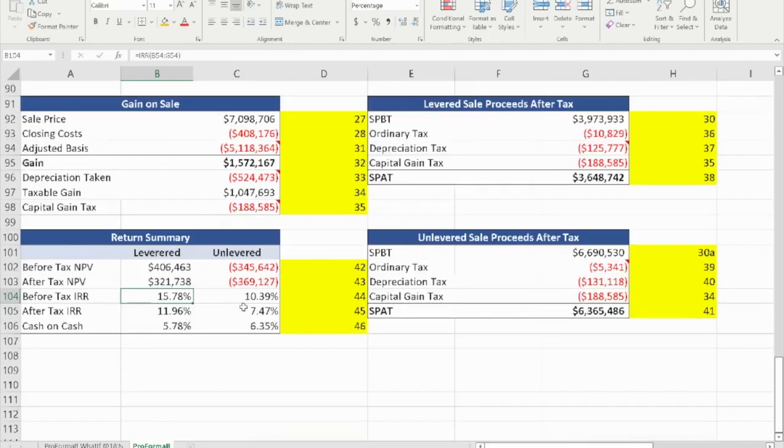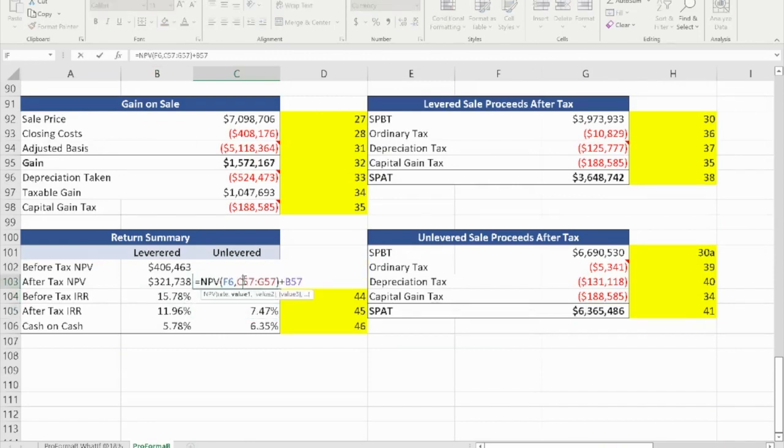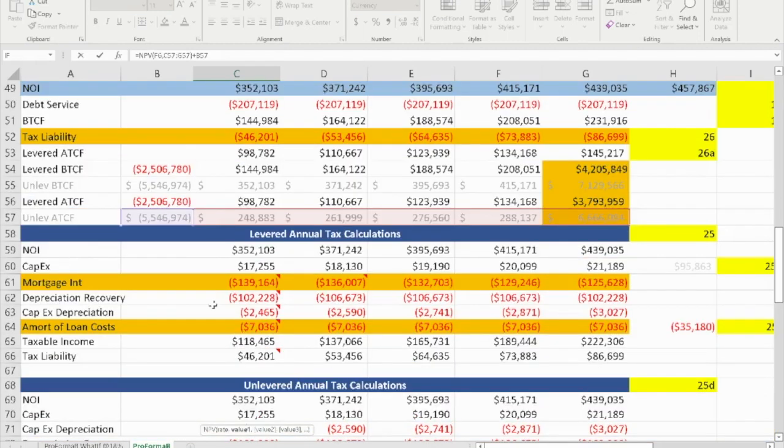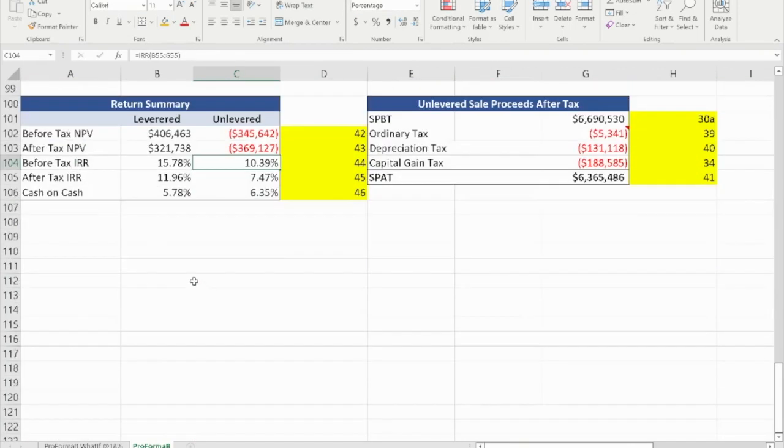And then you're going to do the same thing for unlevered, which is going to be equal NPV, the after tax rate, which for me is cell F6, and we're going to utilize the entire row here from year 1 through year 5, close the parentheses, and add back the initial investment. So you should have these 4 items calculated.